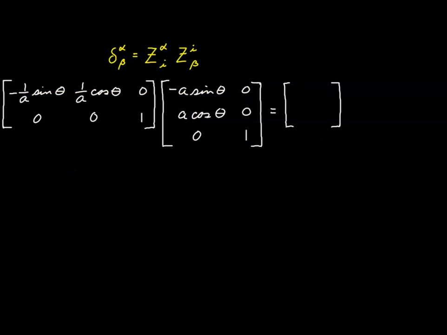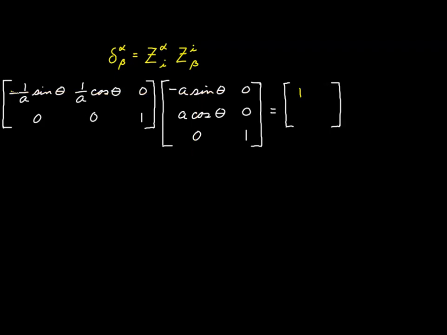What we're going to have here is this row by this column. And so that's negative 1 over a sine theta times negative a sine theta is sine squared. This term times this one is cosine squared. Sine squared plus cosine squared is 1. 0 times 0 is 0. So this first term right here is equal to 1. All right.